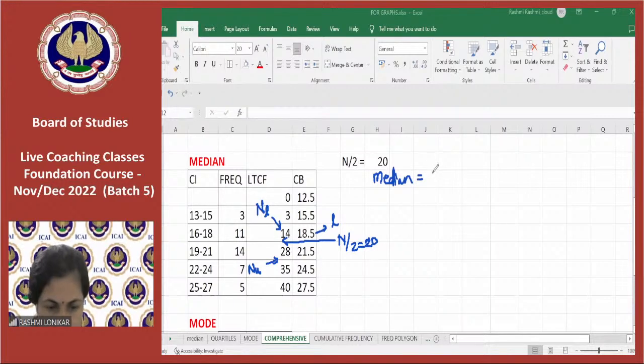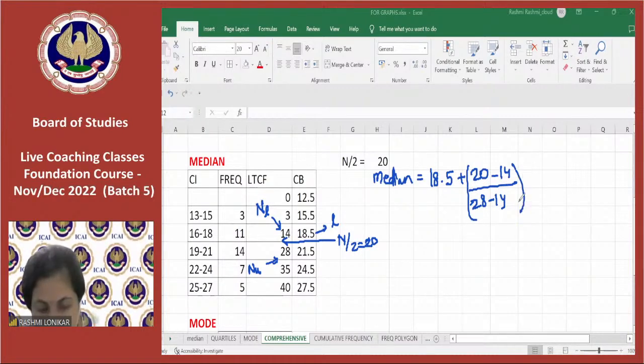So that my median is equal to 18.5 plus (20, n by 2, minus NL, which is 14) upon (NU, which is 28 minus 14). And how much is the class interval? Class interval is 3.